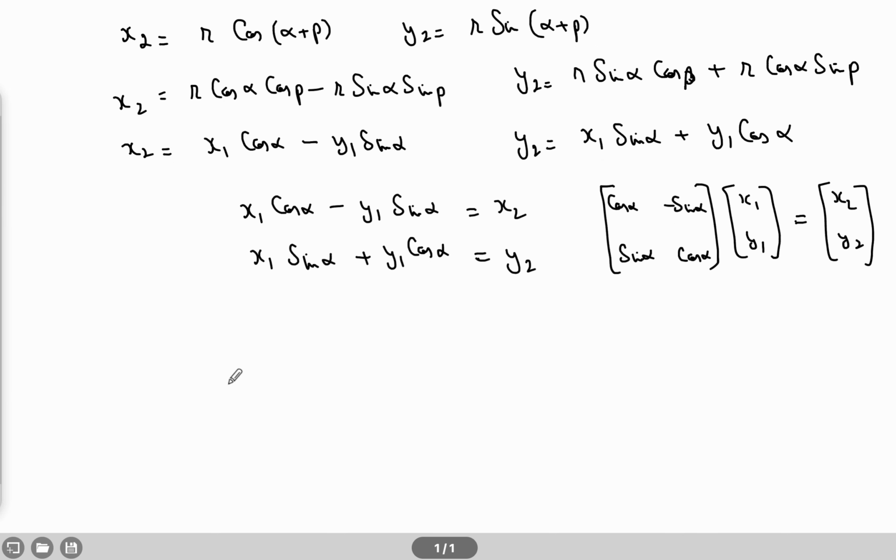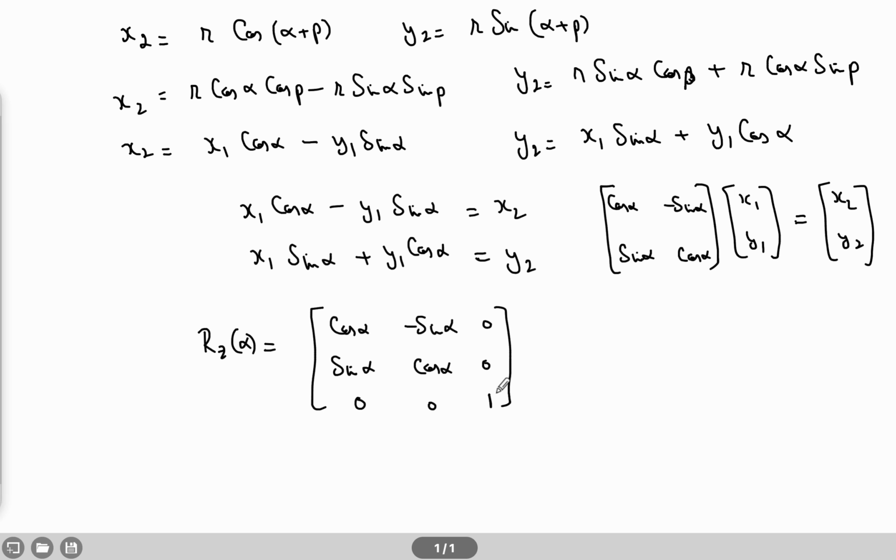So now this vector, because the rotation is about z axis, I can write Rz alpha as cos alpha minus sine alpha, sine alpha cos alpha, and I can say that the rest of the terms are 0 and z remains as z, so the z coordinate does not change. If we now take it to 3 dimensions, the z coordinate does not change, so that's why there is a number 1 over here, right?